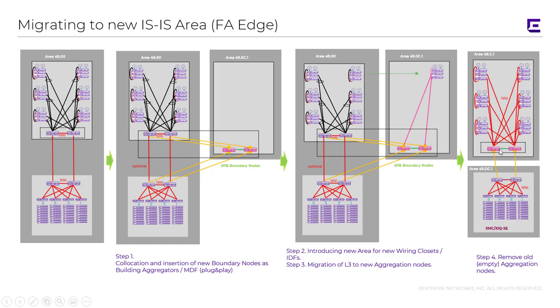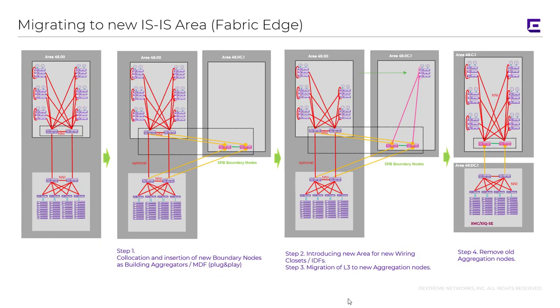And now the area border nodes provide two separate areas in this infrastructure and a complete conversion over to Fabric Attach Edge. So you can see that these are all Fabric Connect nodes now, and we're running Fabric Attach supporting our wireless APs, any switches that we needed, or anything else that we're running Fabric Attach as a protocol to the edge.